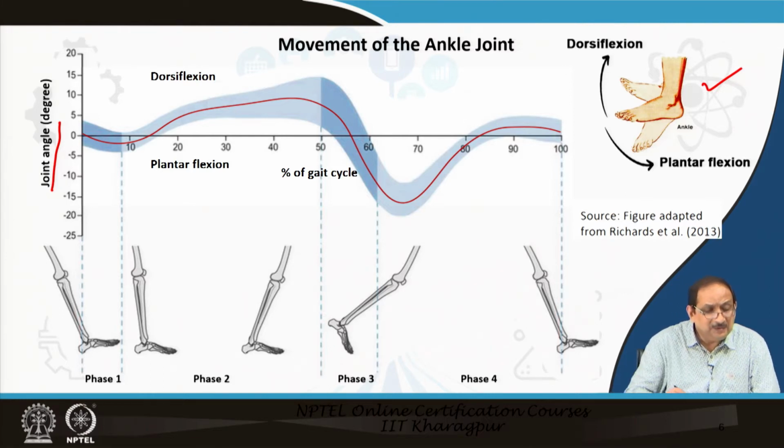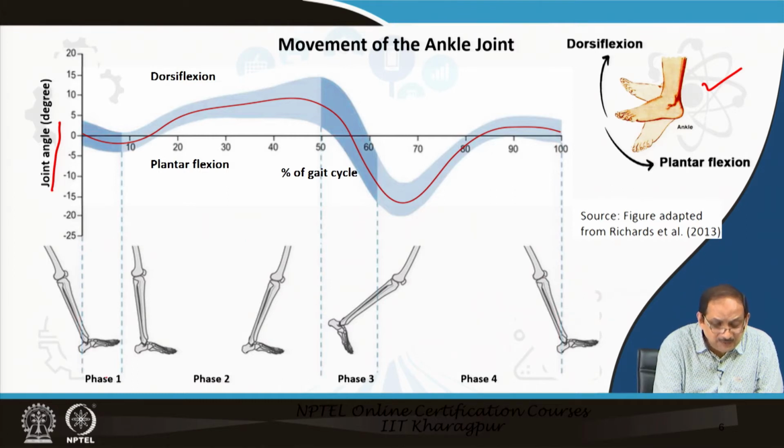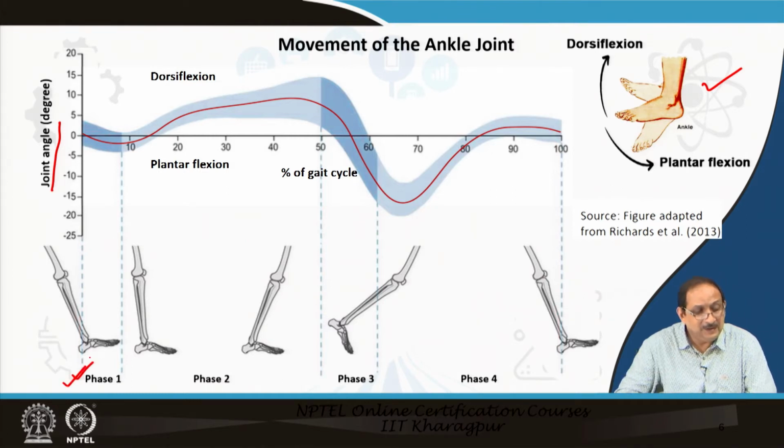Now, if we consider phase 1, phase 1 is the initial contact phase when the foot is pivoting about the heel. During phase 2, the foot is flat, the foot becomes stationary and the tibia becomes the moving segment.